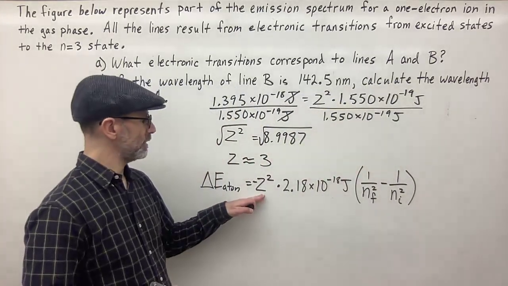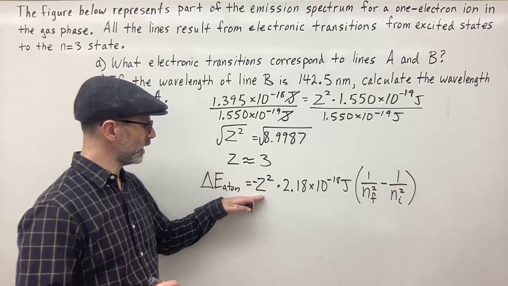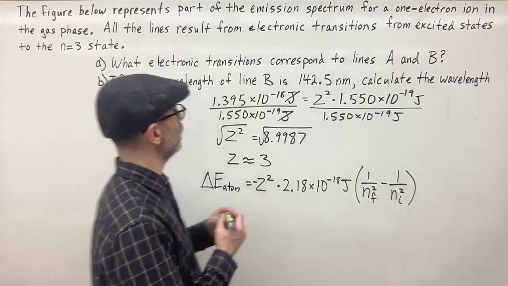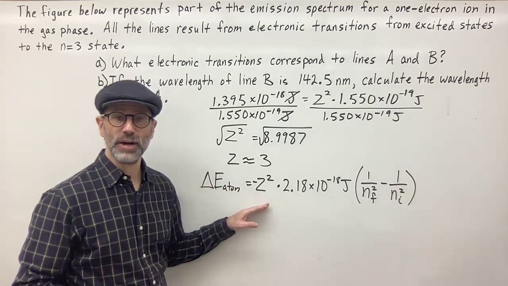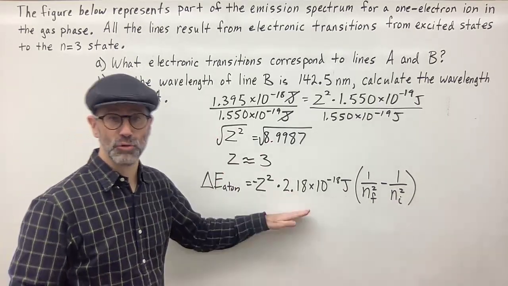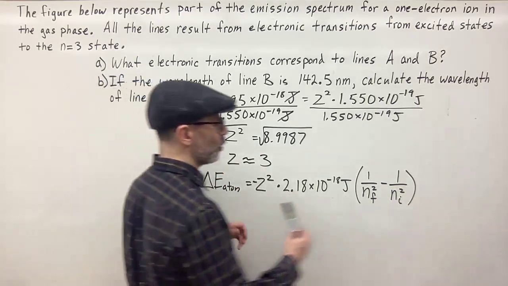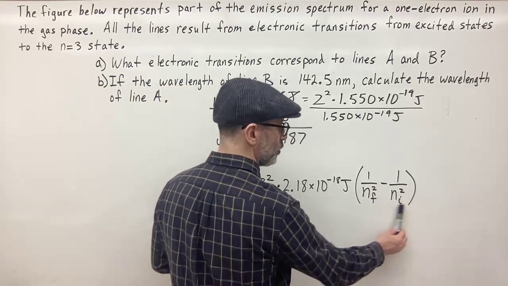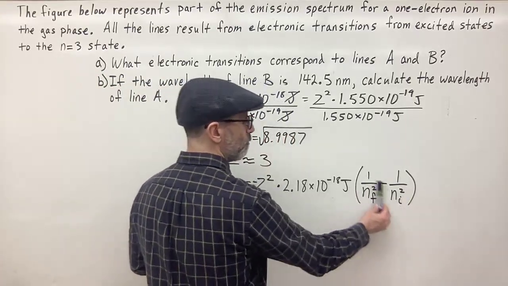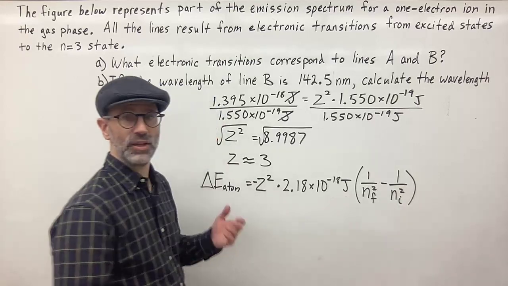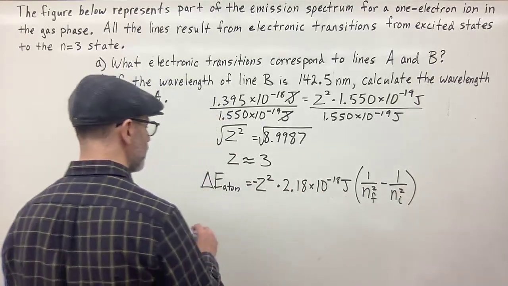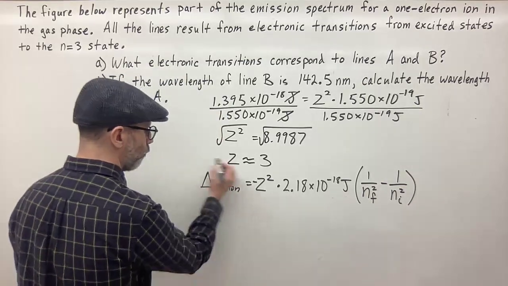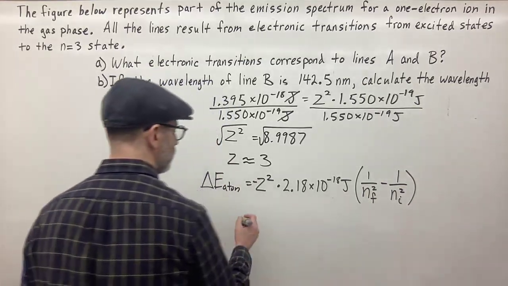So now I know what z is. Z is 3. So now I can plug in z. And now we're looking at line A. So remember, for line A, the transition was from 6 to 3. So our initial starting energy level was 6. Our final energy level is, again, 3. So we plug everything in and solve like we just did. But this time we're going to solve for the energy change of the atom.